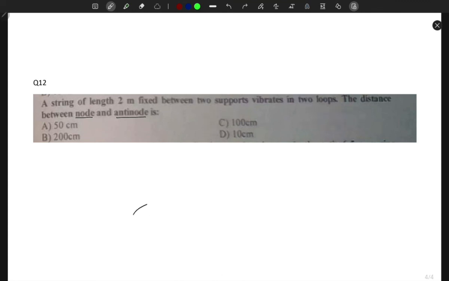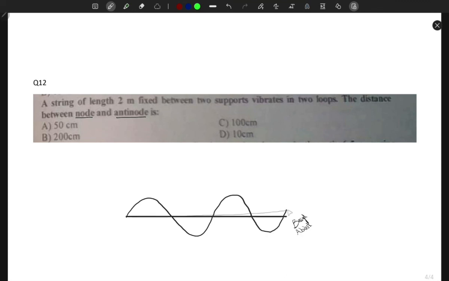So it will vibrate something like this is one. Let me just try and draw it more neatly. This is one, and then we have two. Well, this is a very rough sketch, but you get the point, and it's fixed at these two ends. Actually, my mistake, I should not really draw it like this.